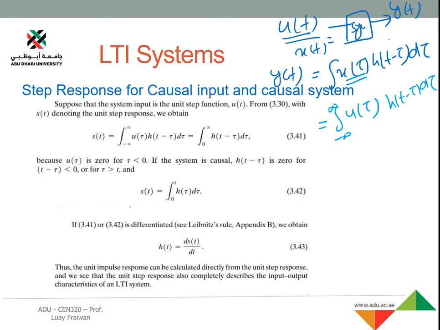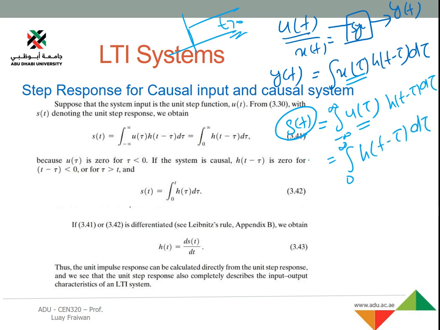So the output will be a step response, which we represent using s of t, okay. Because of the unit step, the integration limit will become 0 to infinity, because the unit step only exists for this time interval, 0 to infinity. So it will be h of t minus tau into d tau. So basically the step response can be calculated by just integrating the impulse response from 0 to infinity, okay.